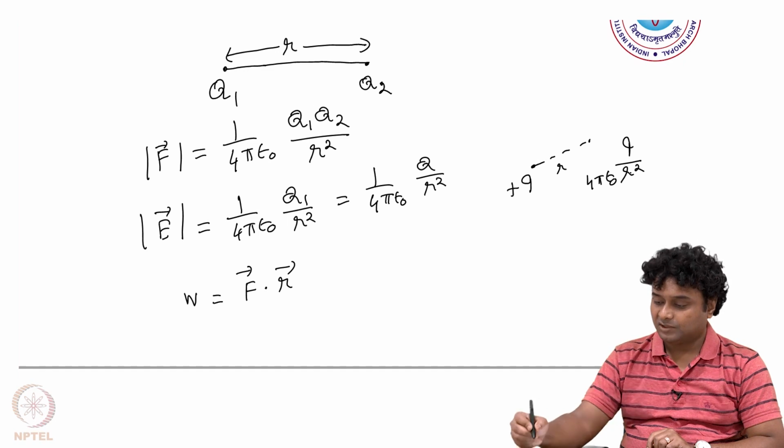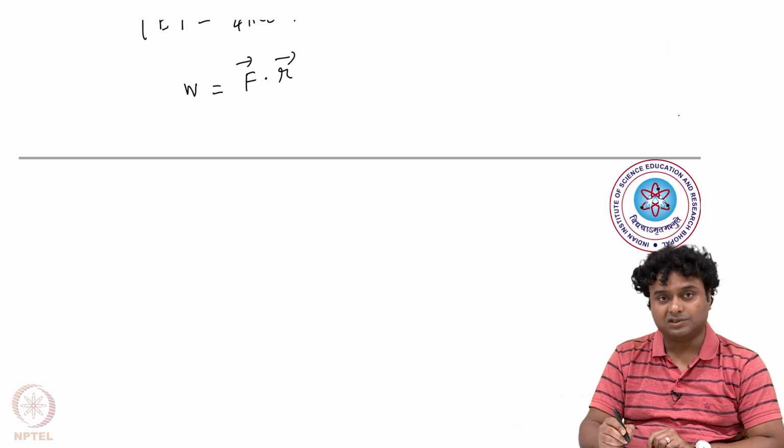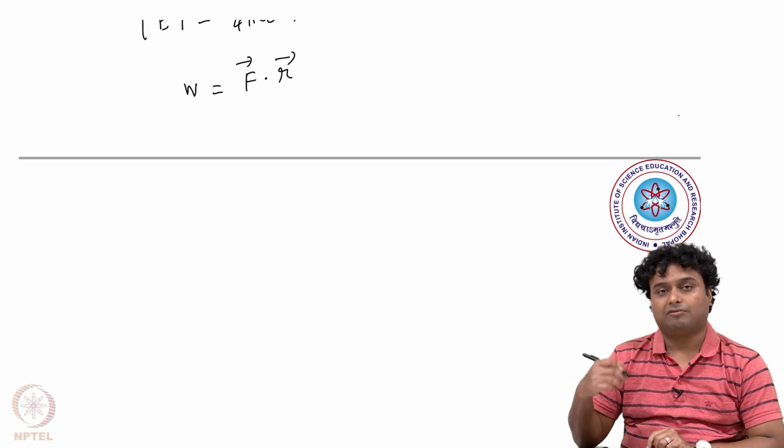So while calculating the work done to bring a charge from infinity to some point r, let's say we are bringing 1 coulomb of charge from infinity to some point at r.